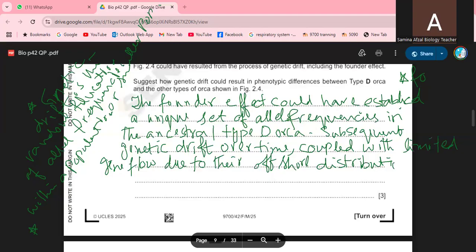And you can see this distribution in the given figure 2.4. Gene flow is decreased when they get separated from each other.